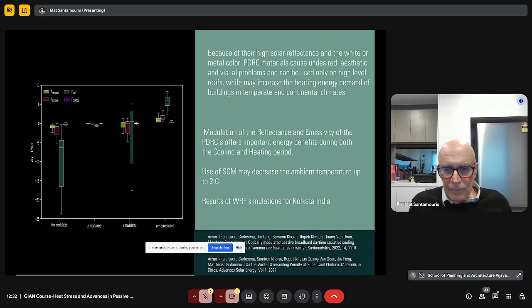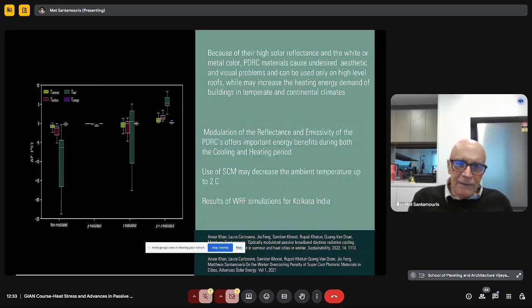The analysis we have performed together with our colleagues from the University of Calcutta has shown that these materials may decrease the temperature during the summer period up to 3, 4, 5 degrees at the city scale, but may also decrease the temperature during the winter time up to 2 degrees. And this is an important problem because the heating penalty may be important.